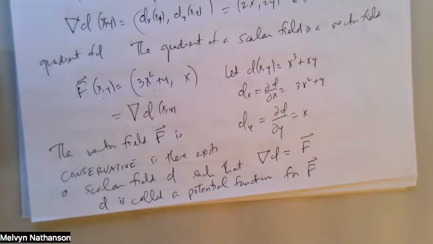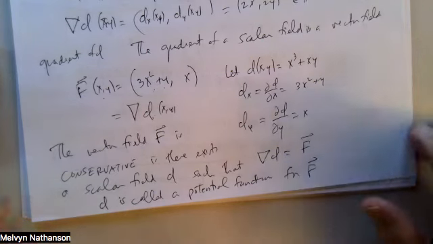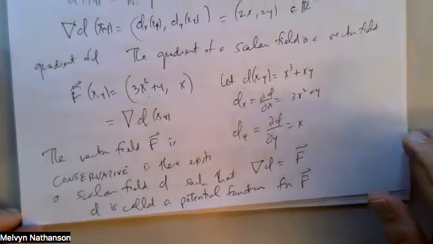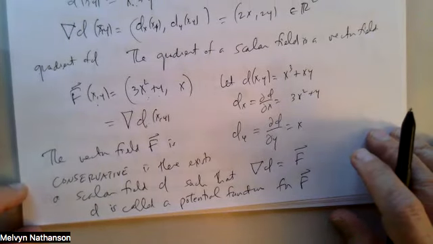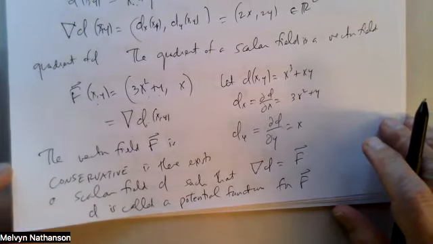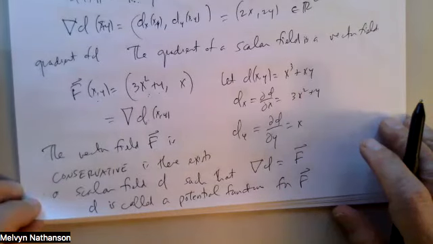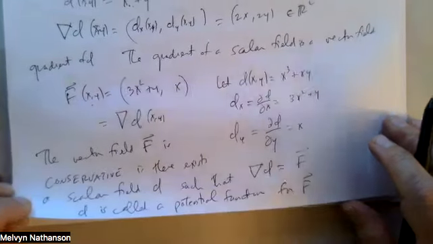So whenever you have a scalar function phi, its gradient is a vector field. And if the vector field is the gradient of some scalar field, we say the vector field is conservative and the scalar field is a potential function for the vector field. And a standard problem in vector calculus is, given a vector field F, determine if it is conservative, and if it is conservative, compute a potential function.